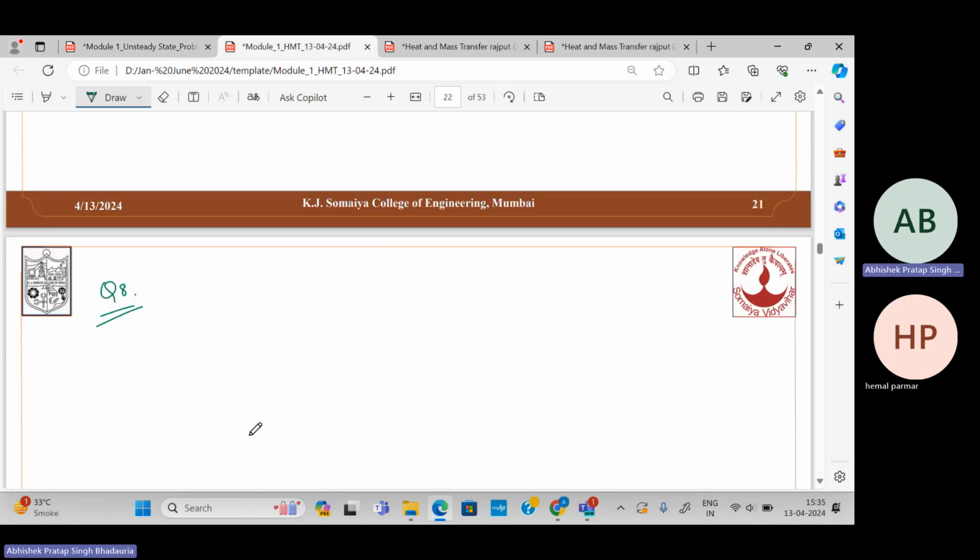There is a straightforward formula for the instantaneous heat flow rate, so we'll apply it and find the solution.